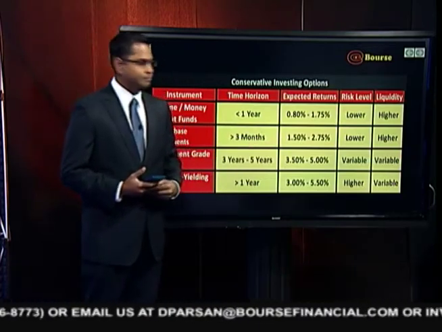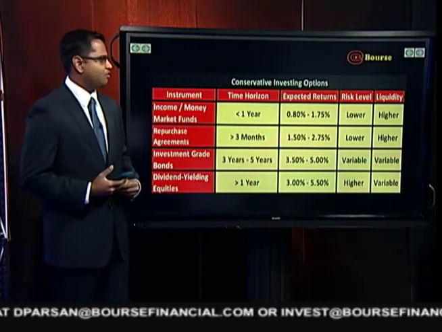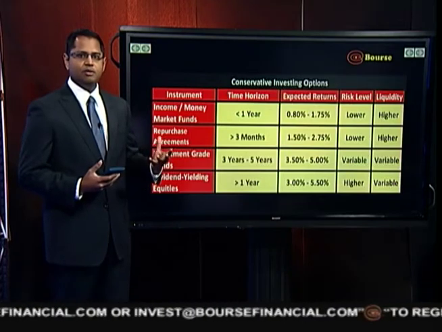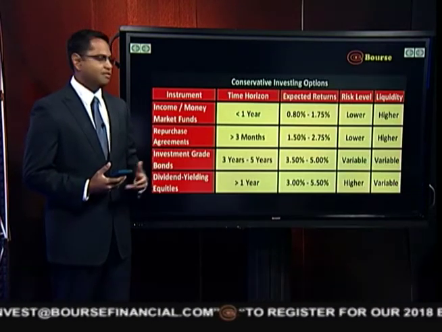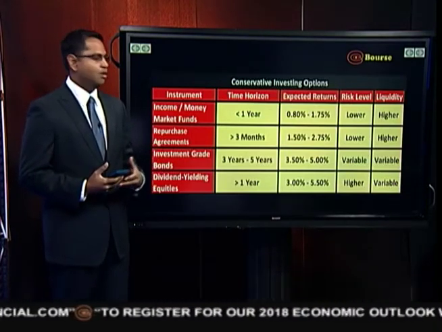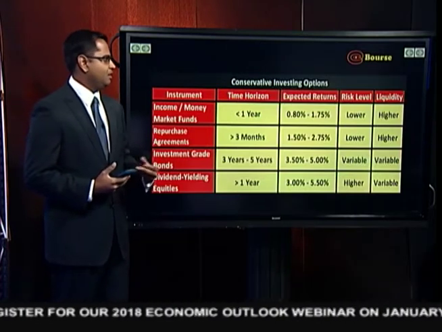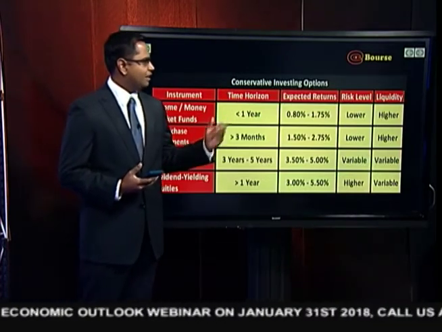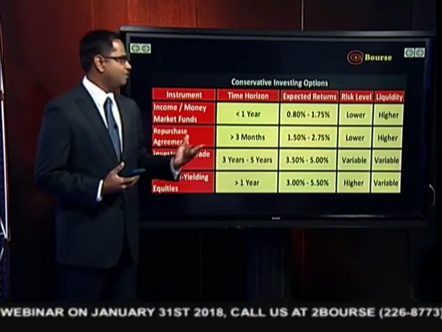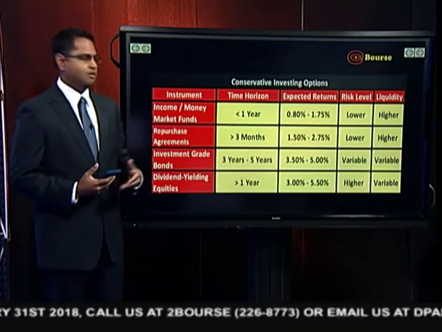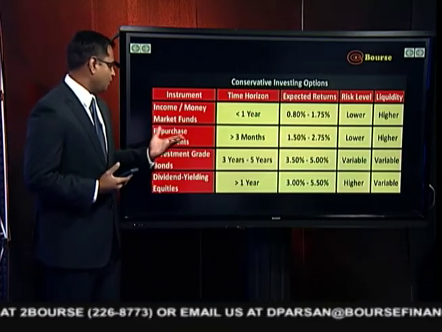The risk level, again, is on the lower end of the spectrum, and that's because income-oriented mutual funds often invest in a diversified basket of relatively low volatility investment instruments. And as we mentioned, the liquidity needs suit investors with higher liquidity requirements.